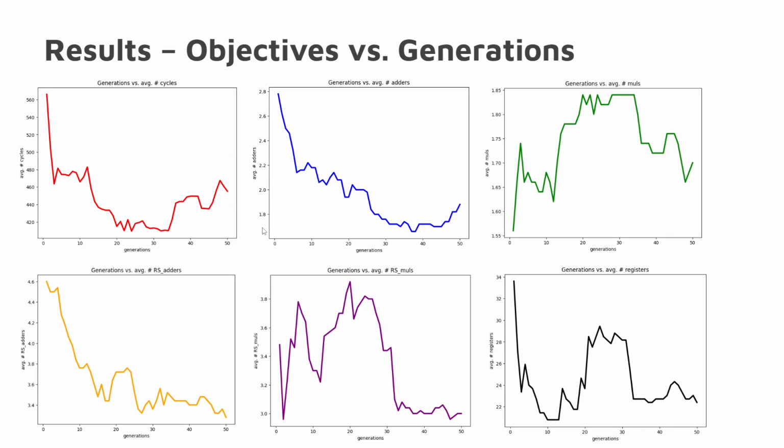And so, speaking of results, we have each objective, so 6 objectives, all minimization over the 50 generations. In the top left, we have the average number of cycles required.